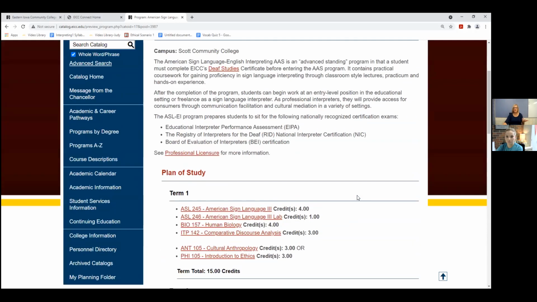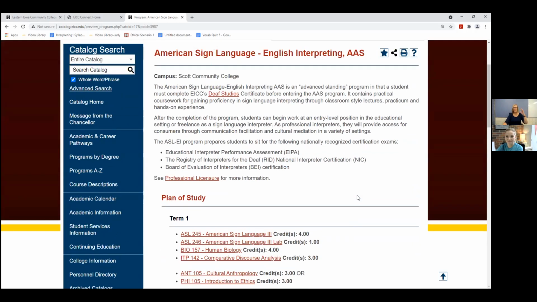At this point, I've gone through a lot of information really quickly, but that kind of touches on an overview.